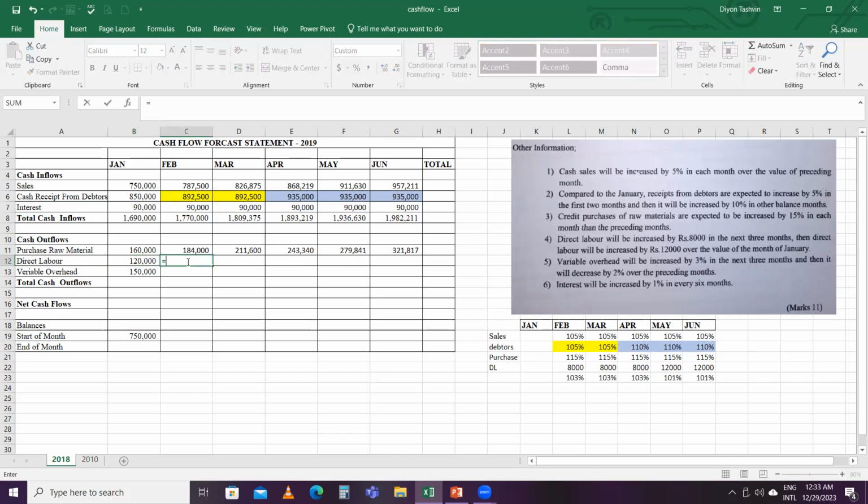So here, we are going to refer this value and we are going to add up this 8,000 here. So in the February month, it will be 128,000. So the next 3 months means up to the April month.